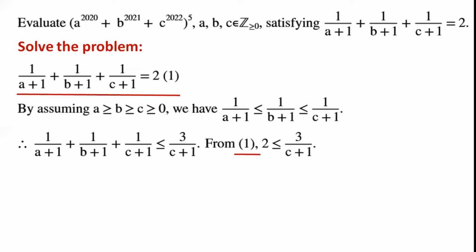From equation 1, 2 is less than or equal to 3/(c+1). By rearranging the inequality, we have c+1 ≤ 3/2, so c is less than or equal to half.